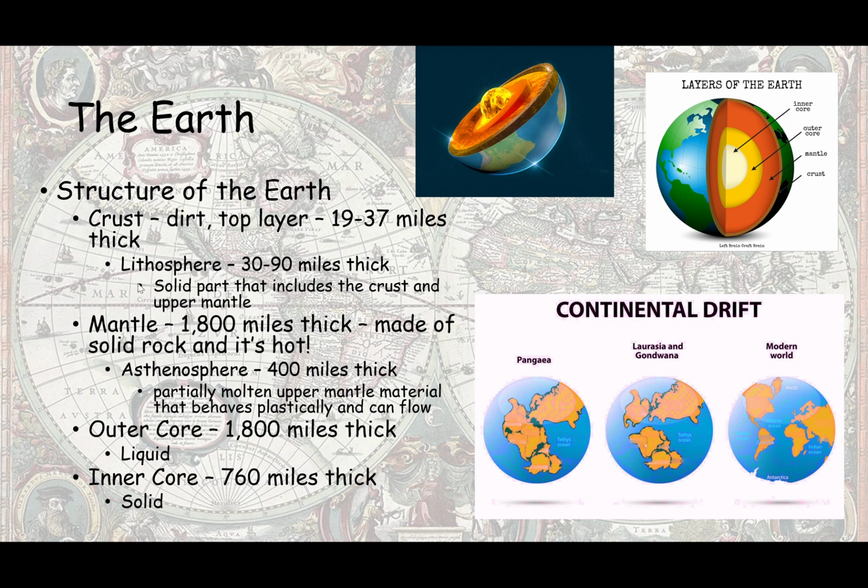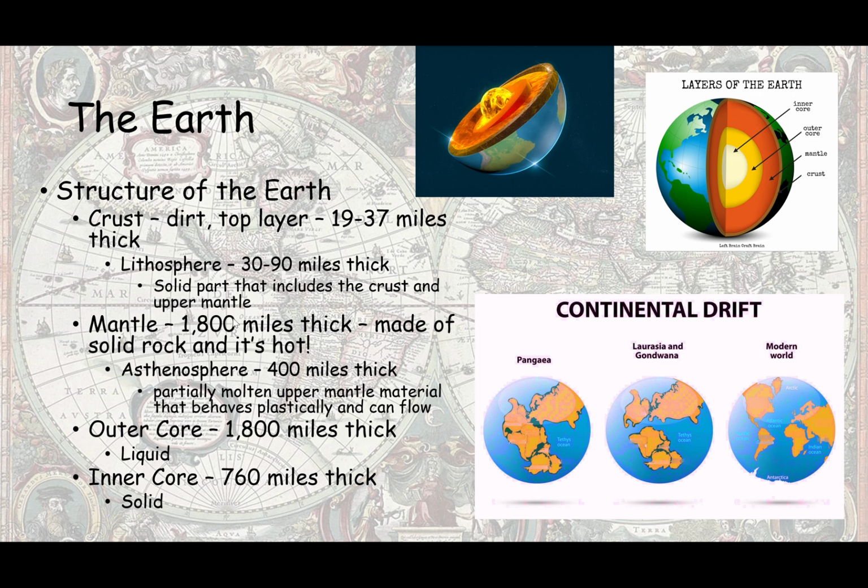But it also has the lithosphere as part of it, and this is 30 to 90 miles thick. It's solid, and it is the crust and the upper mantle, so it's kind of that in-between area between crust and mantle.